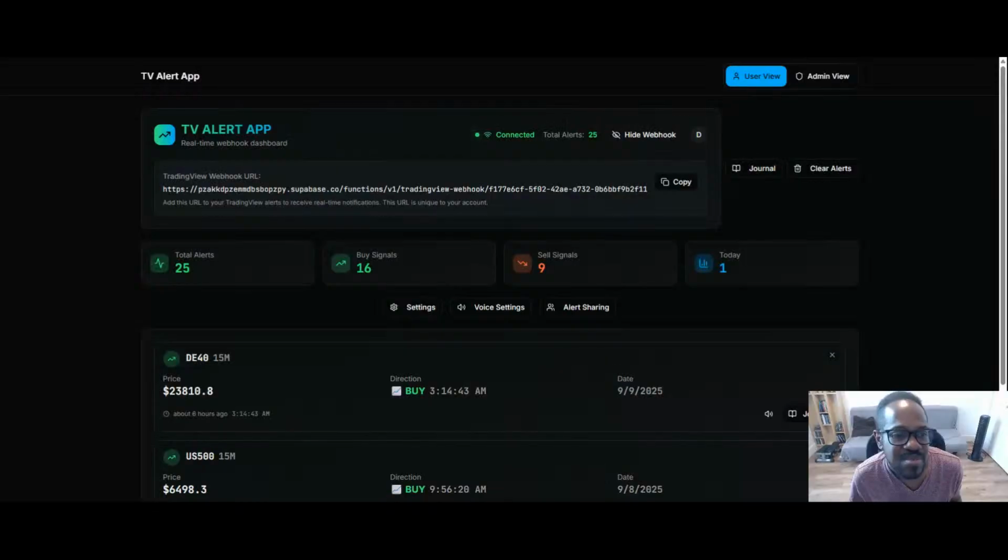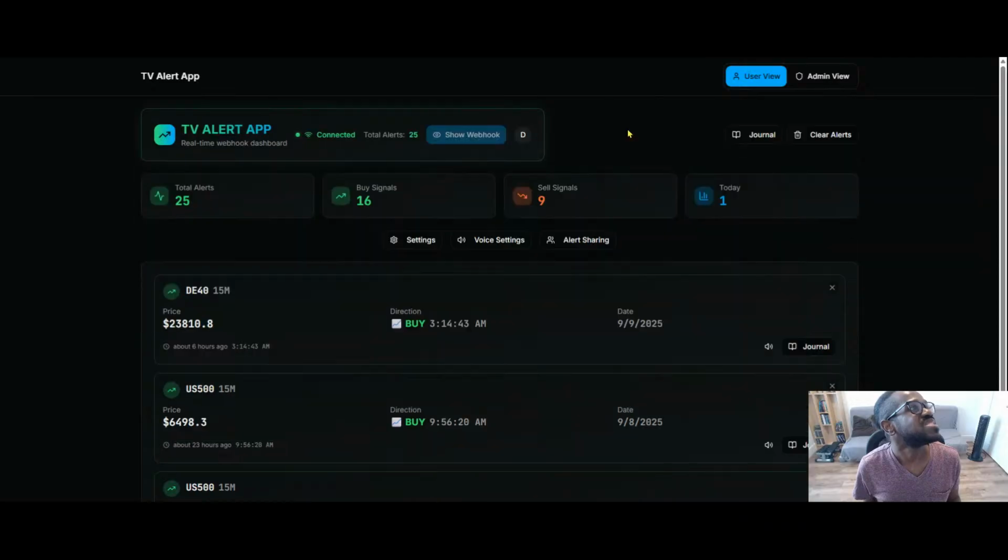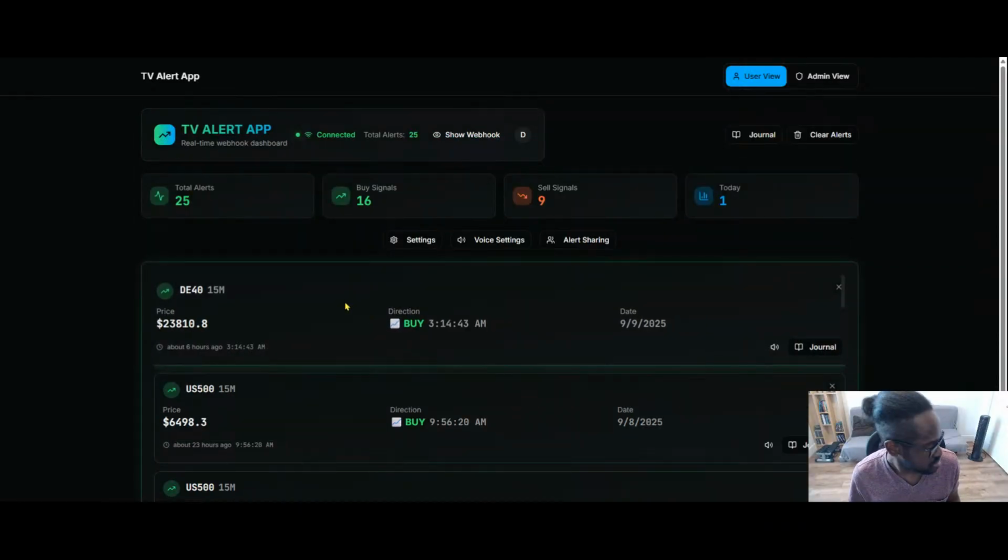Like we always do on our live before market open, I'm just going to show you exactly what to expect with my setup. First, I will show the alert app, that is a TV alert app. It provides you with details of the buy and sell setups, based off of one of the indicators that I use.